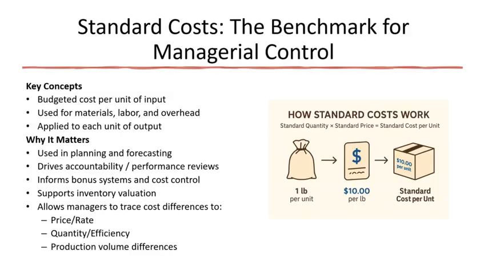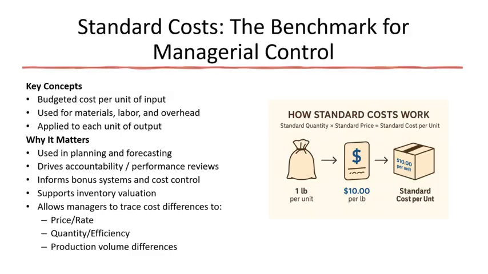We calculate it by multiplying two things: the standard quantity of input we expect to use, like the pounds of oats per case or labor hours per batch, by the standard price or rate, like the expected cost per pound of oats or the hourly labor wage. So for example, if Sticky Oats expects each case of oat mix to use 1 pound of oats at $10 per pound, that gives us a standard materials cost of $10 per unit. The same logic applies to labor and overhead.